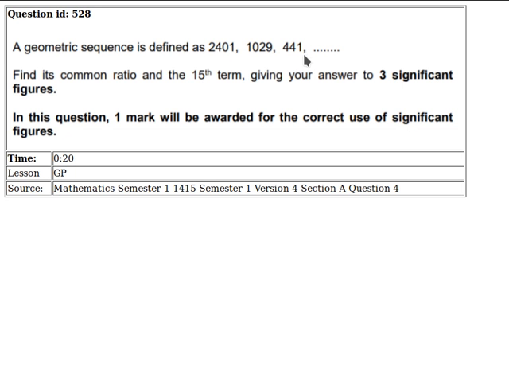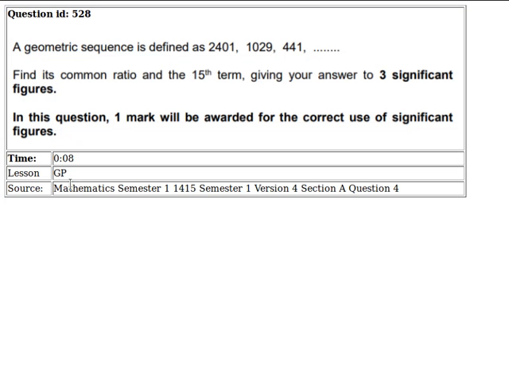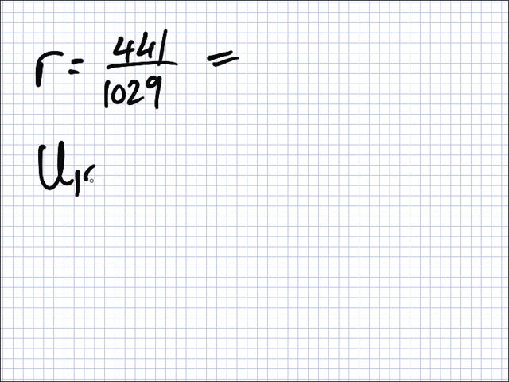It's 441 over 1029 instead of 1029 over 2401. Think about those milliseconds you would save. And then what do we want as well? The 15th term, which is a times r power n minus 1.